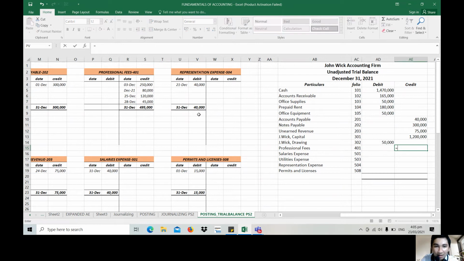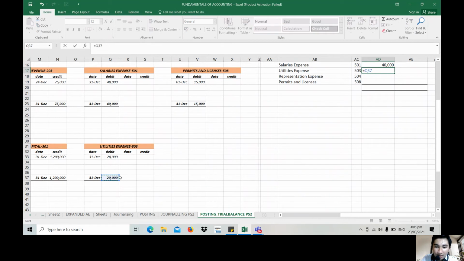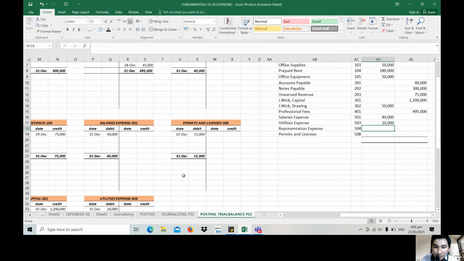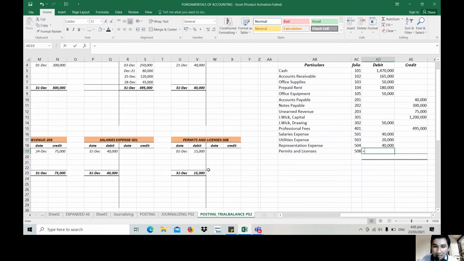Professional fees, link pa din natin, 495. And salaries expense, ito, 40,000. Debit yan. Utilities expense, 20,000. Representation expense, 40. And permits and licenses, 15,000.